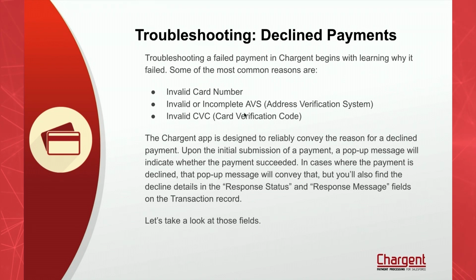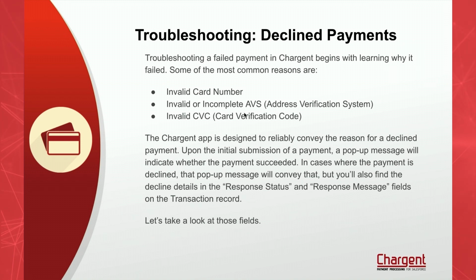Sorry. It's tough work. So troubleshooting a failed payment in Chargent begins with learning why it failed. The most common reasons are the stuff that you have already guessed. Invalid card number, incomplete AVS, which is your billing address, invalid CVC, and our app is designed to reliably convey the reason for this declined payment, and upon the initial submission of the payment, you're going to get a pop-up message that'll say declined.